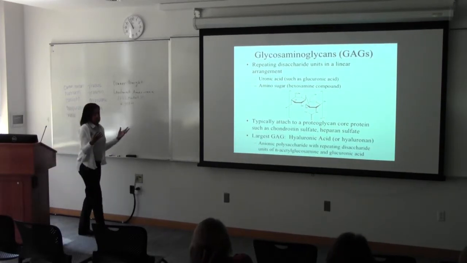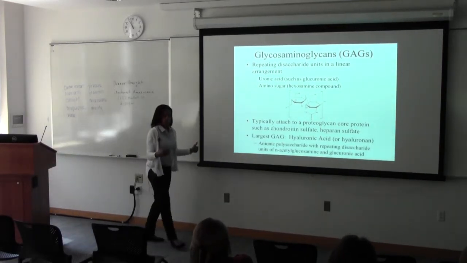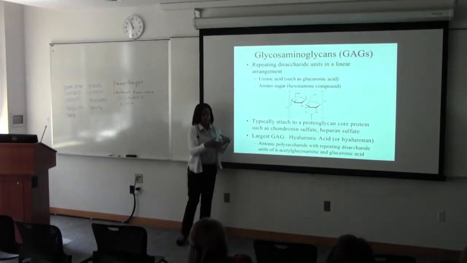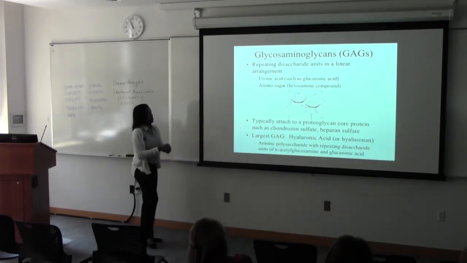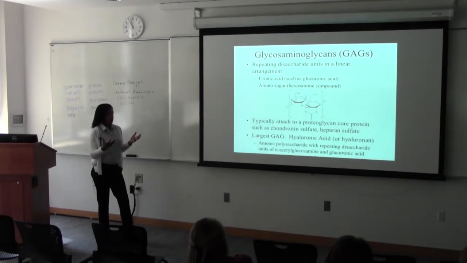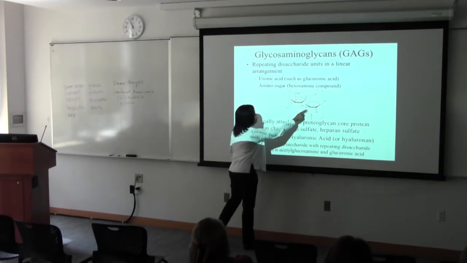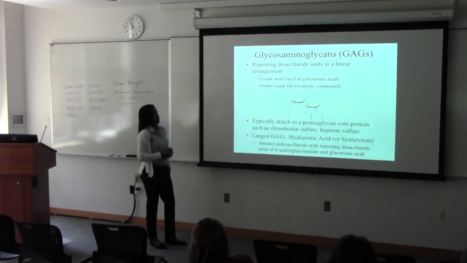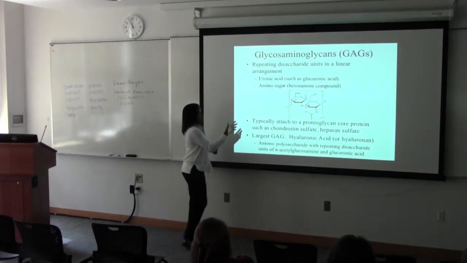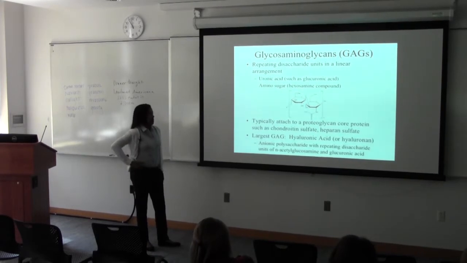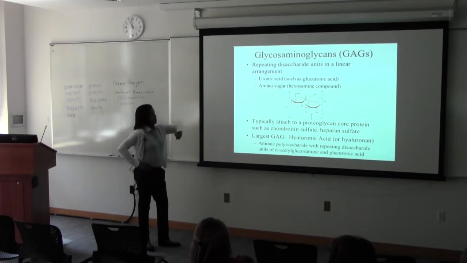And then there's the broad class of the animal-derived or native GAGs that are sitting in your body. So the mammalian GAGs, the glycosaminoglycans. Again, these are sugars, and the monomer units vary depending on the type of GAG you have. You may have what's shown there, the uronic acid and this amino sugar, depending on the composition.